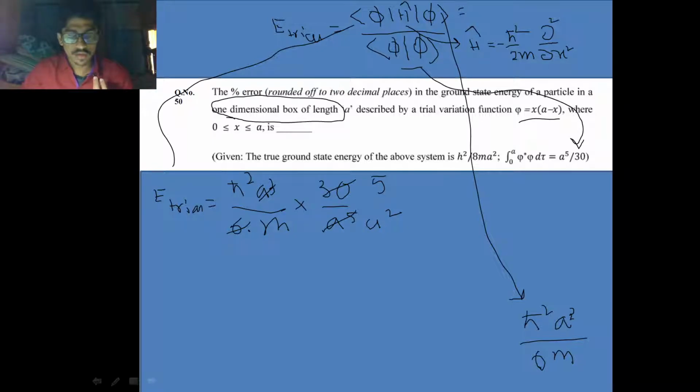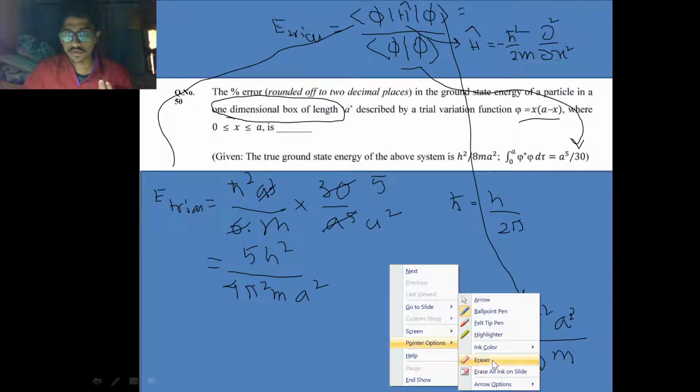And if we are trying to make ħ square in terms of h, as we know ħ equals h by 2 pi, because here for the actual value it is h, so that's why we are trying to make this. So now it comes 5 h square upon 4 pi square m a square. Okay, so this is the value of E trial.